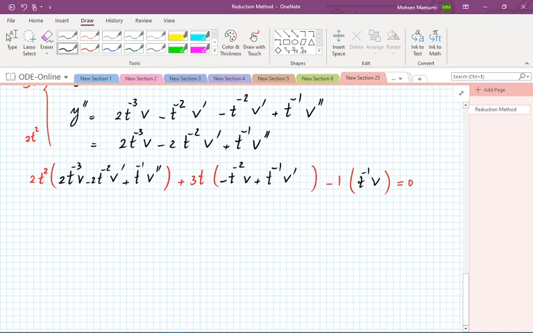Okay, let's clean up. Multiply. 2 times 2 is 4, so 4t minus 1 v. This becomes minus 4v prime. This becomes plus 2t v double prime.